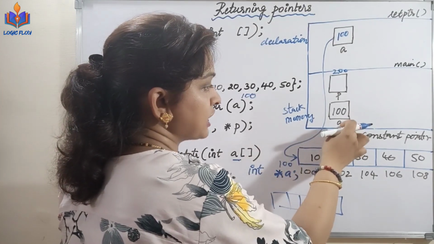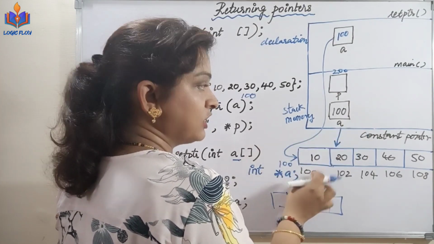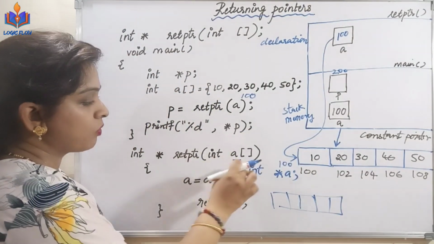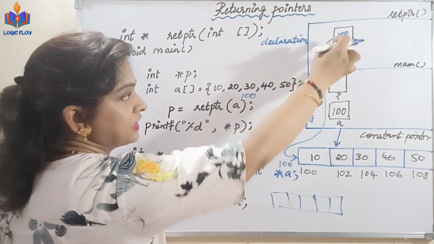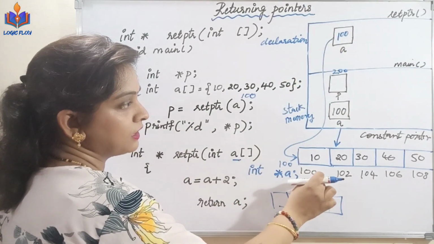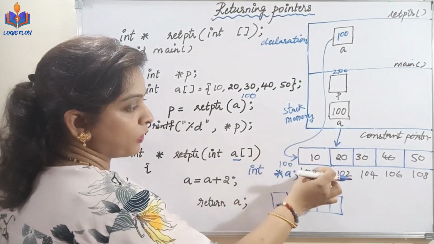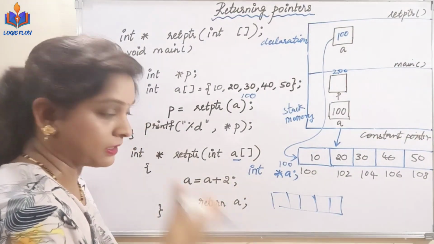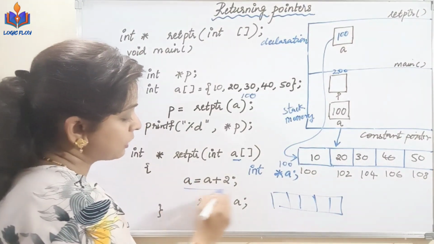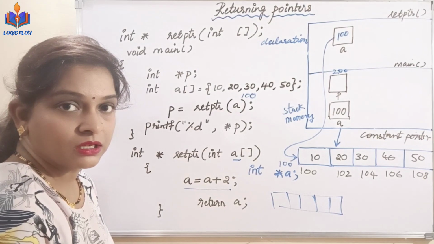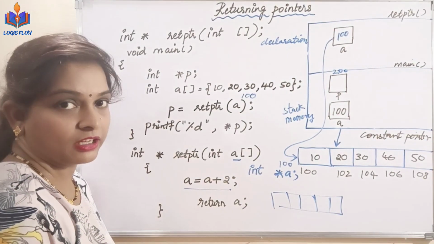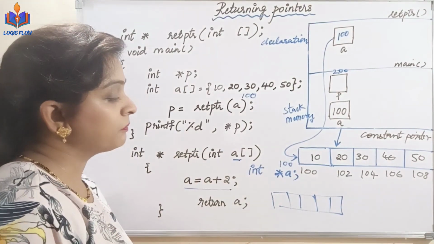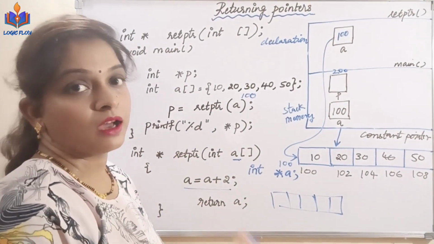This integer pointer A is pointing to the location 100 and the constant pointer is also pointing to the location 100, the base address. Now I'll say A equal to A plus 2. This is integer pointer arithmetic, an increment. That is, we are performing pointer arithmetic.